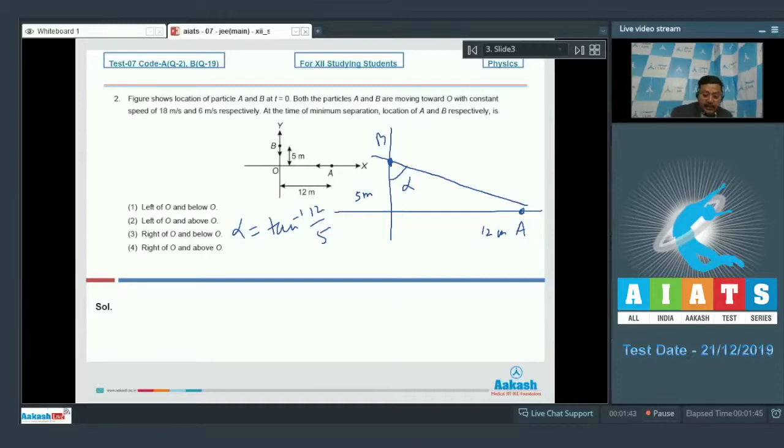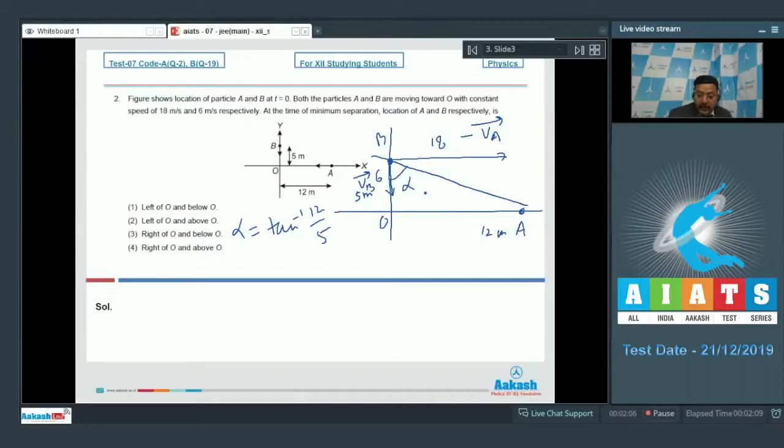And the velocity of B vector is something like this, VB vector. Its magnitude is given as 6 meter per second. It's of course directed towards O. Minus VA vector is something like this, and its magnitude is 18 meter per second.